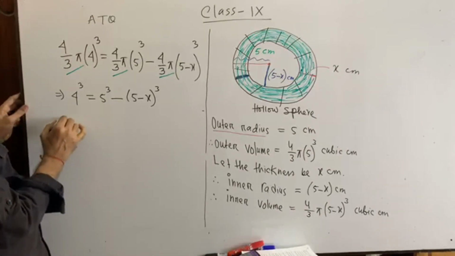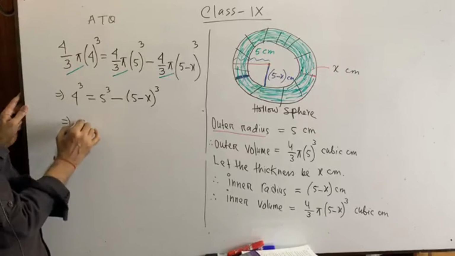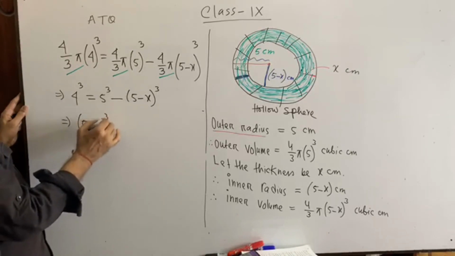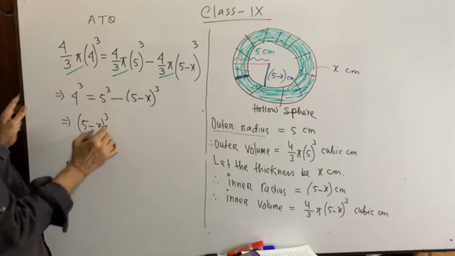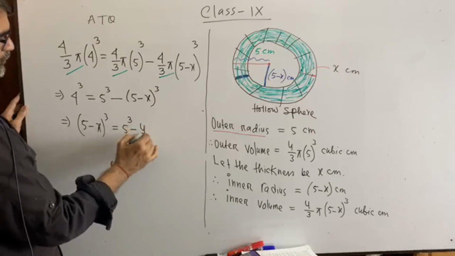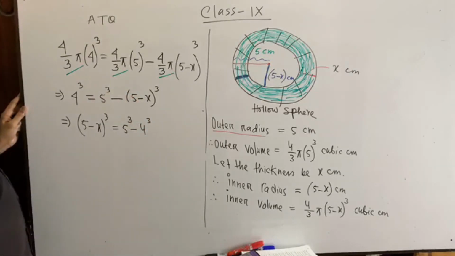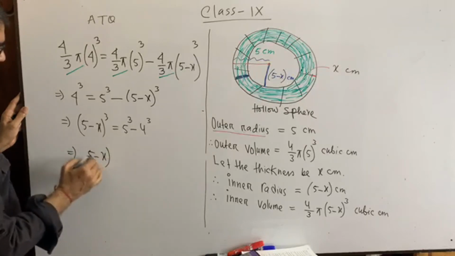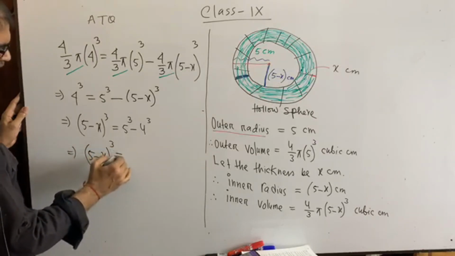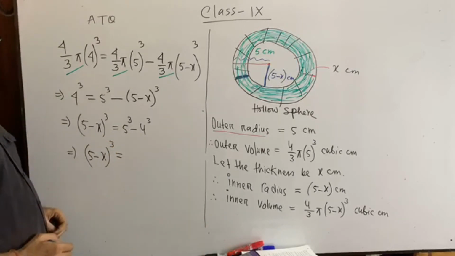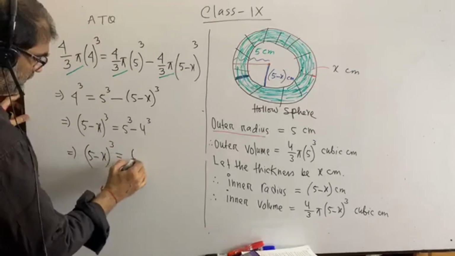Please write down here in this way. 5 minus x whole cube, taking it to the left hand side, is equal to 5 cube minus 4 cube. That is, 5 minus x whole cube is equal to 125 minus 64, that is equal to 61.